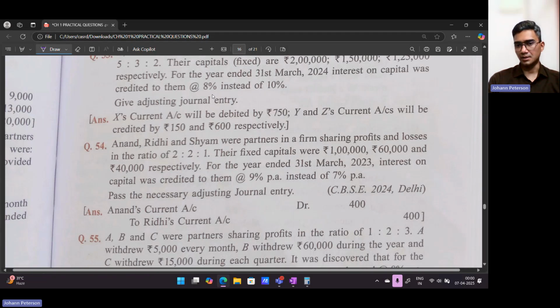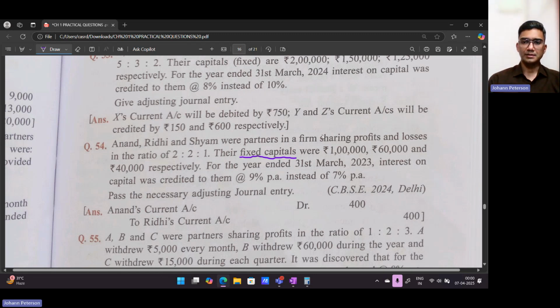Keep in mind fixed capitals are here, so we will have to talk about current account. They are 1,60,000 and 40,000 respectively. For the year ended 31st March 23, interest on capital was credited to them at 9% per annum instead of 7% per annum.